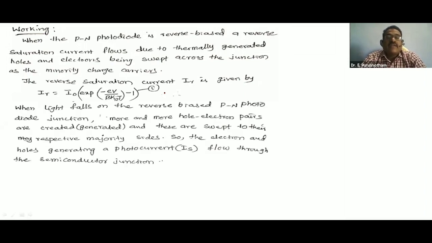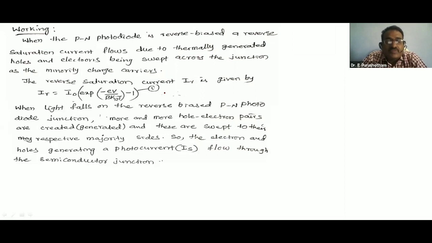When light falls on the reverse biased PN photodiode at the junction or depletion layer, the hole and electron pairs absorb the photon energy and generate a number of free carriers.